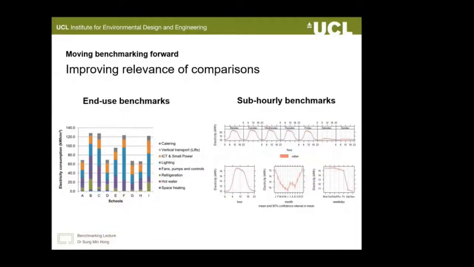This is still some way away, simply because of the lack of data we have access to, but naturally what we're hoping to do is move on from annualized energy benchmarks to end-use benchmarks, and hopefully towards sub-hourly benchmarks as and when the data becomes available. And this is one of the benefits we see in moving online rather than sticking with hard copy-based benchmarking documents.